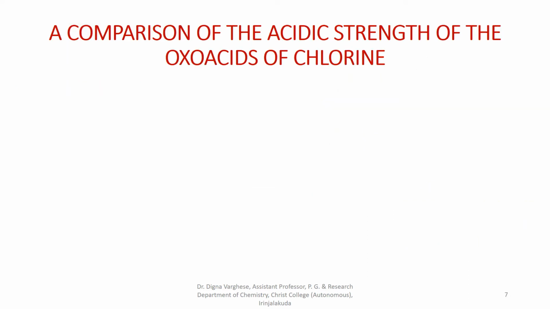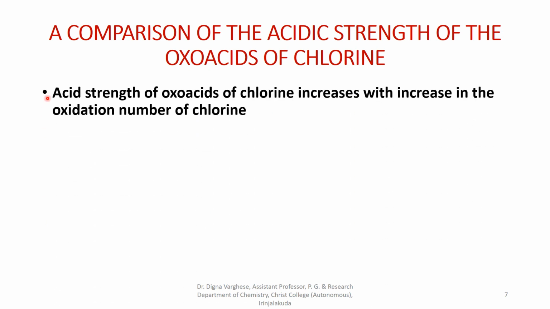A comparison of the acidic strength of the oxoacids of chlorine. Acid strength of oxoacids of chlorine increases with increase in the oxidation number of chlorine. That is, perchloric acid is more acidic than chloric acid, then chlorous acid, and then hypochlorous acid.